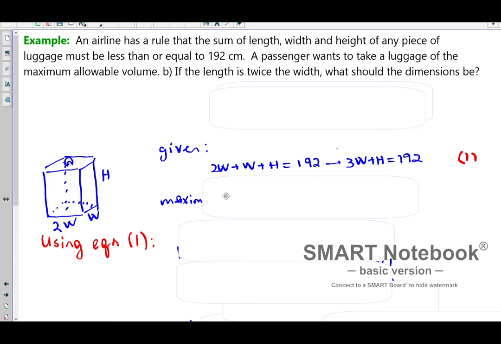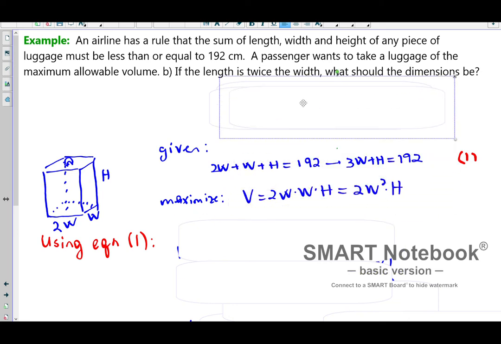And once again, we're supposed to maximize the volume, so there you multiply the three dimensions, 2W times W times H, so there you're going to have 2W squared times H is the volume function that we need to be maximizing. And you may see the rest of the steps are going to be very similar to the last few examples.